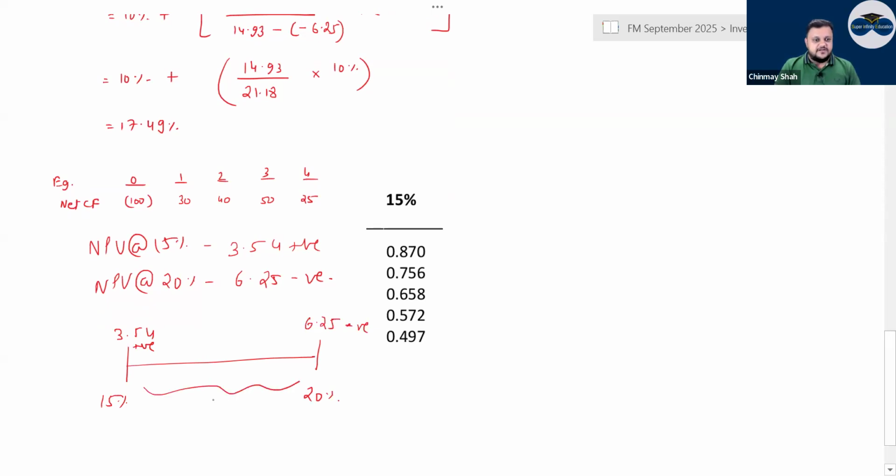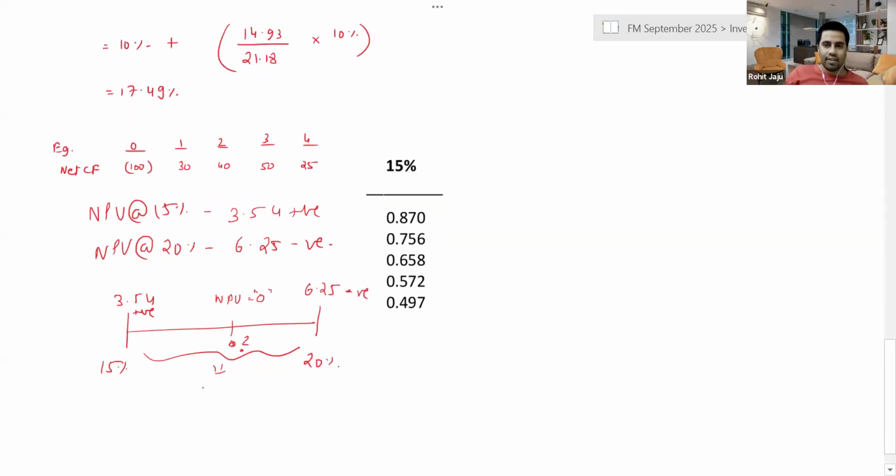Somewhere in between, NPV is 0; I don't know what percentage that is. What is the total area? 3.54 positive and 6.25 negative. Total area: 9.79. Correct.